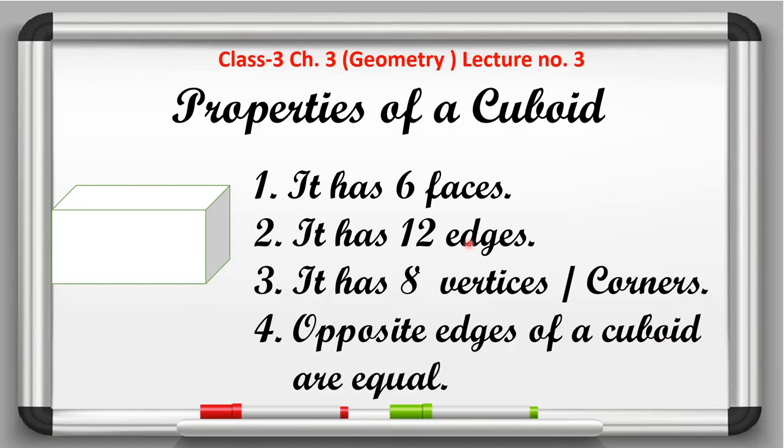Okay. So again I am telling you, how many faces? 6 faces, 12 edges, 8 vertices, and opposite edges are equal. This edge is equal to this edge. Okay, and this edge is equal to this edge. This edge is equal to this edge. Understood? So opposite edges of a cuboid are equal. Thank you.